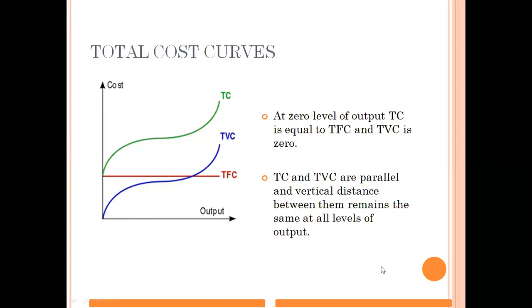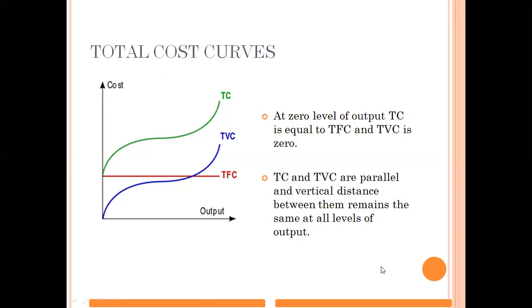If I look at TVC, I will say that it starts from the origin. But why does TVC start from the origin? The total variable cost starts from the origin because there is no variable cost if no unit of output is produced. For example, if I'm producing 0 units, of course there will be no variable cost. And if I'm producing some units, I will definitely be incurring the variable cost.